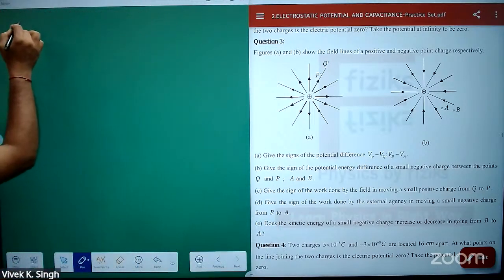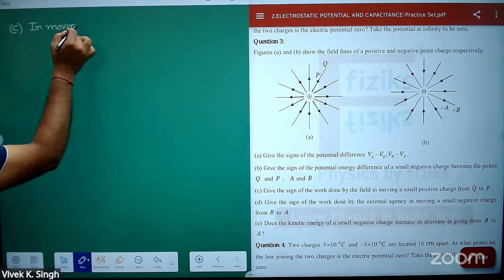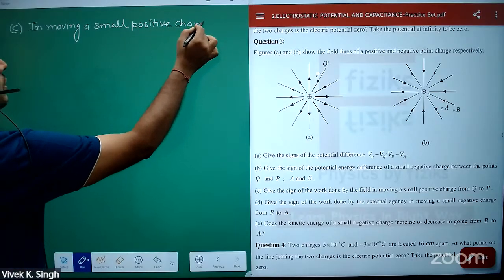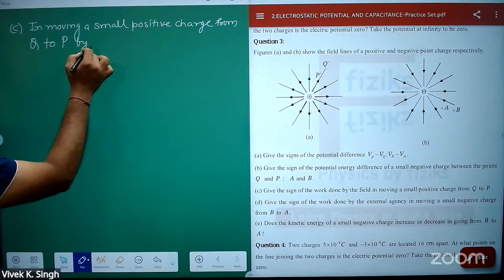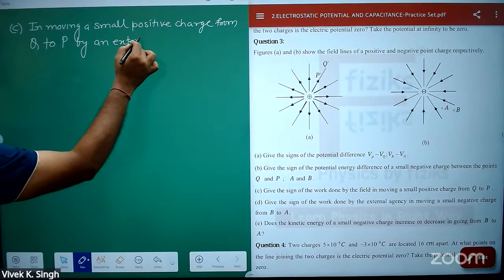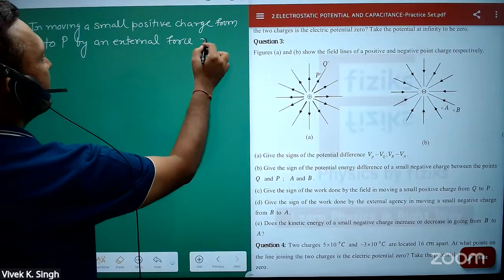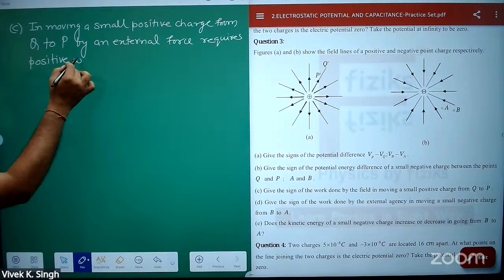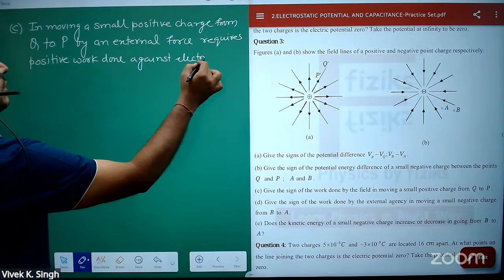In moving a small positive charge from Q to P by an external force requires positive work done, work done against the electric field.